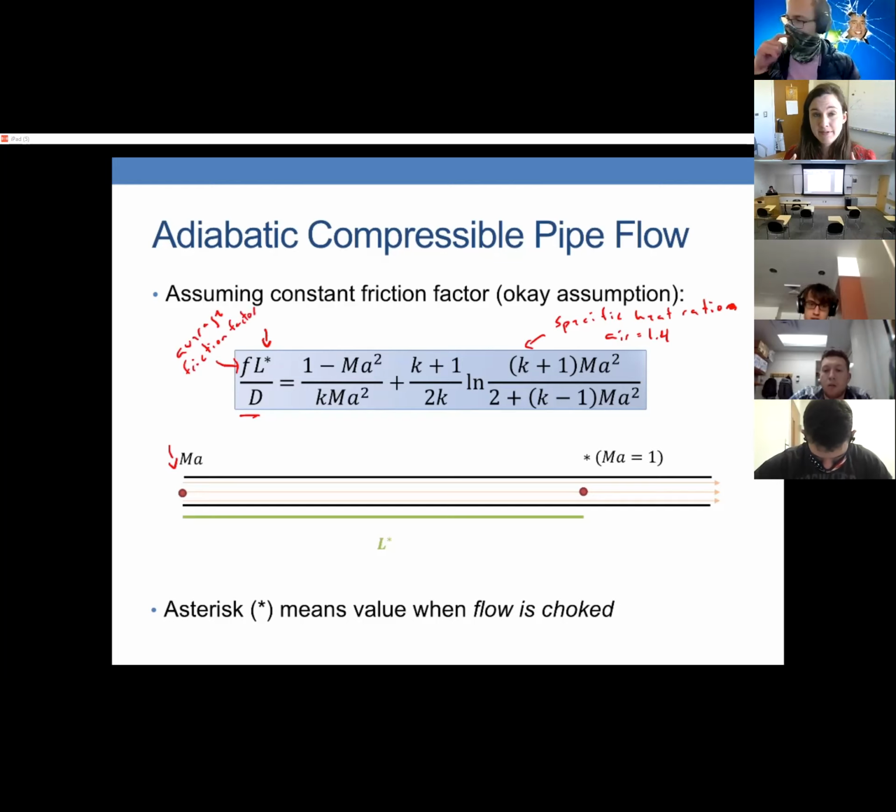For this class, I always just tell you to assume a constant friction factor. Or I believe on your homework, I asked you to first assume it's incompressible and find a friction factor and then use that.